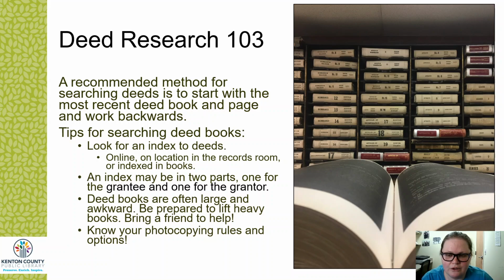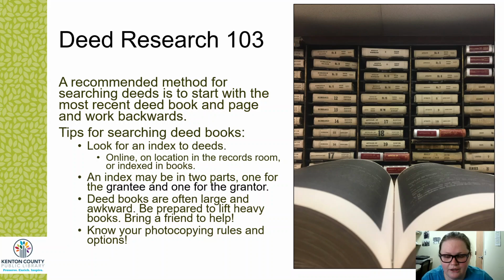So what you want to do is always make sure that you look for an index to deeds, because if you get stuck where there's no paper trail to tell you the next deed book and page, you might be able to figure it out based on an index. Something about indexes to keep in mind is that generally they're in two parts.